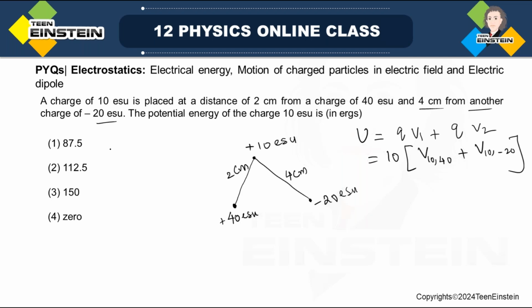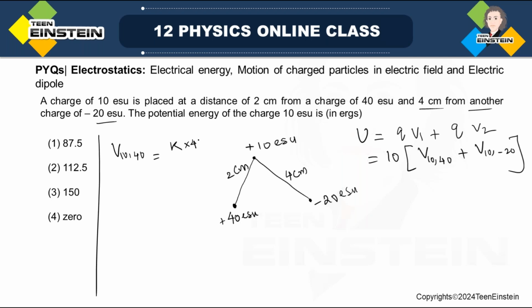Now look, what is this? This is the potential at 10 due to 40. So I can write K Q, that is here 40 ESU. I'm just trying to find out the potential.